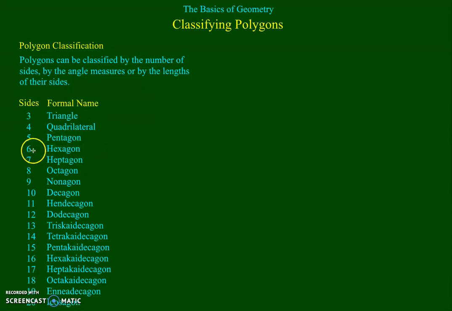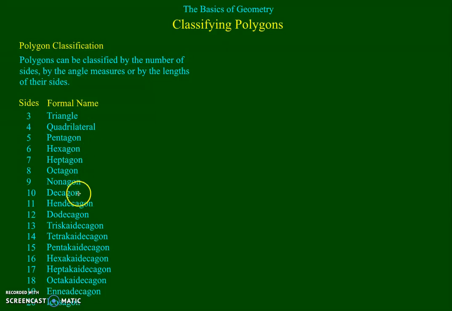Penta is 5. 6, hexagon. 7, this is kind of a strange one, heptagon. Not septagon. A lot of people try to say septagon, but it's not. Heptagon is 7-sided. 8, octagon. 9, nonagon. And 10, decagon.